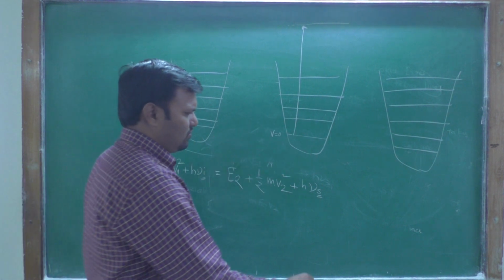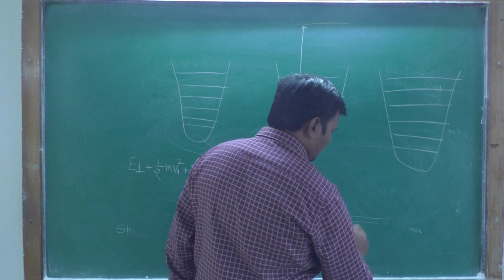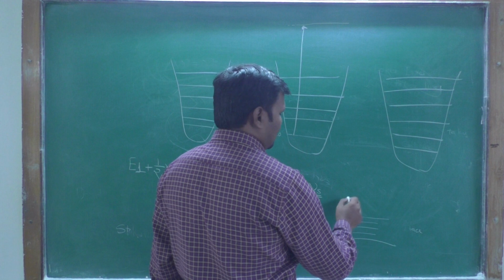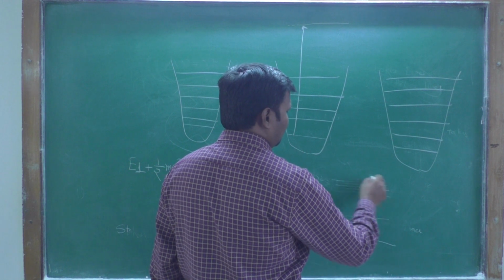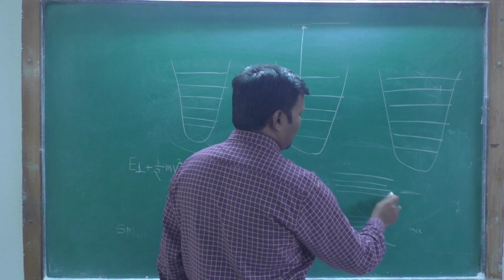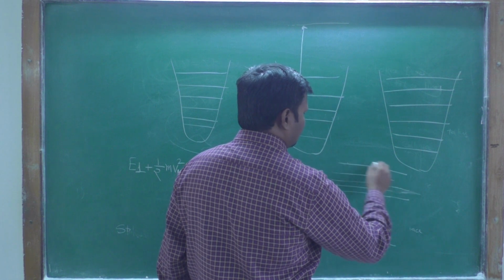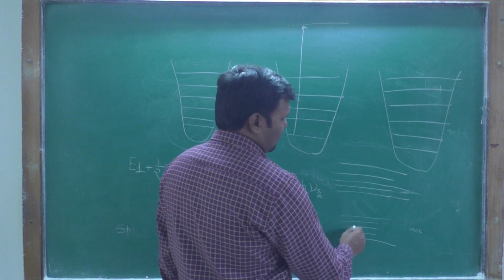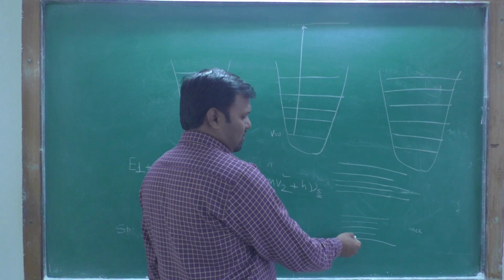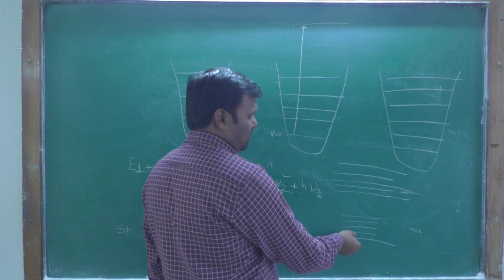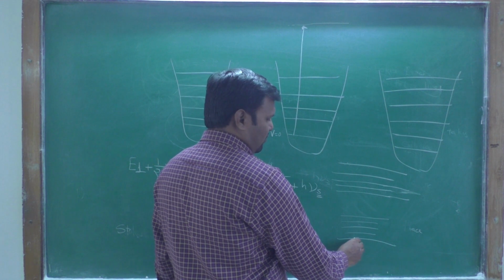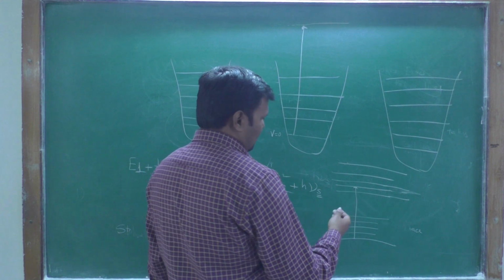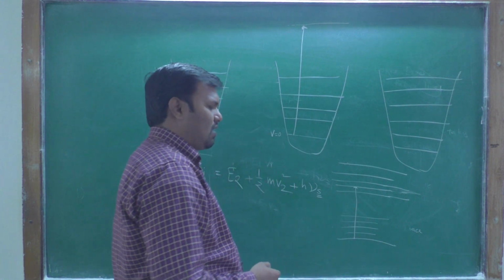Okay, suppose we have the electronic energy levels, and within these you have the vibrational energy levels. When the molecule goes from one energy state to another energy state, that will give you the vibrational spectra.